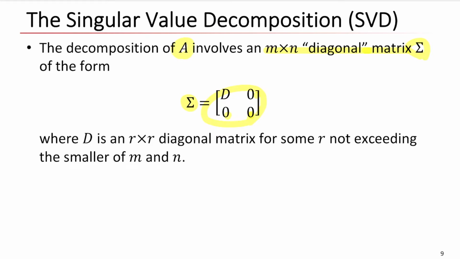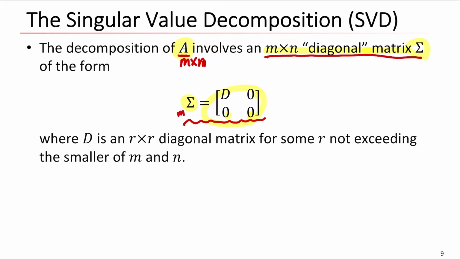So let's say that if the matrix A is m by n, then we can find the m by n diagonal matrix sigma defined something like this.